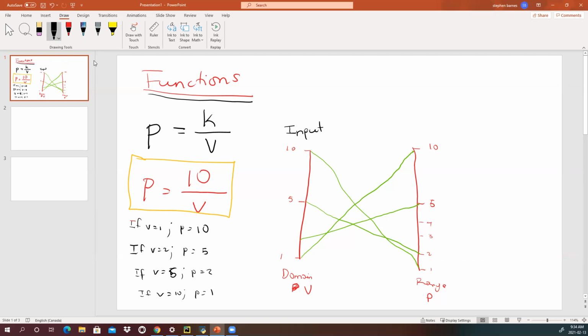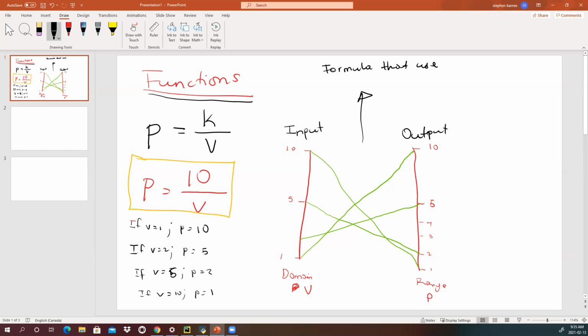You can think of your output as what you get out, and your function, I like to think about it as something in the middle here, which I'm going to loosely call the formula that you use.